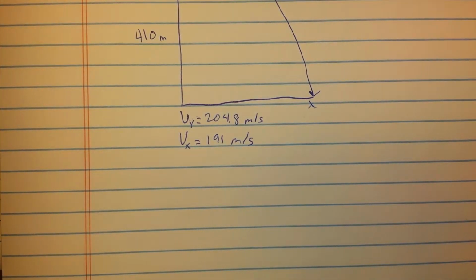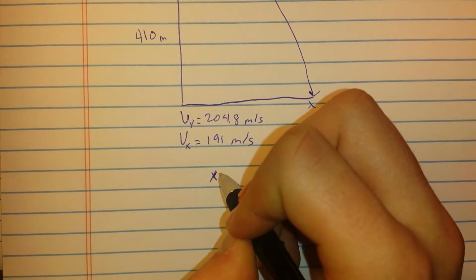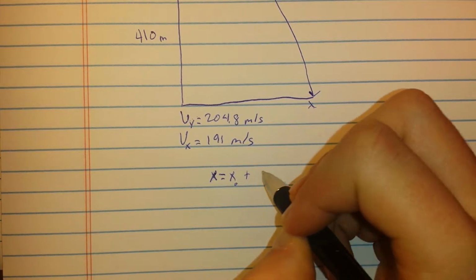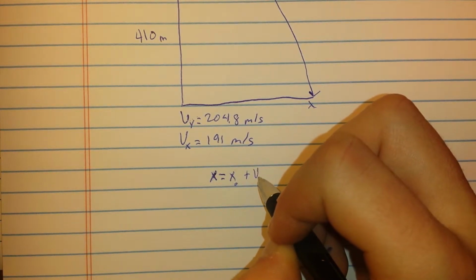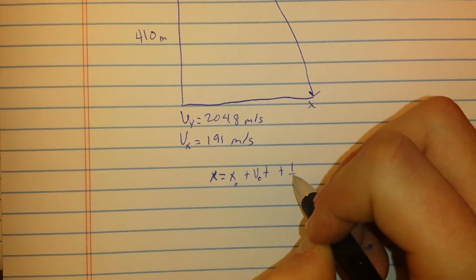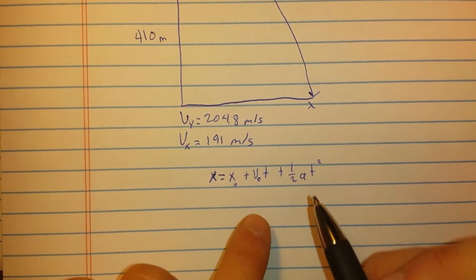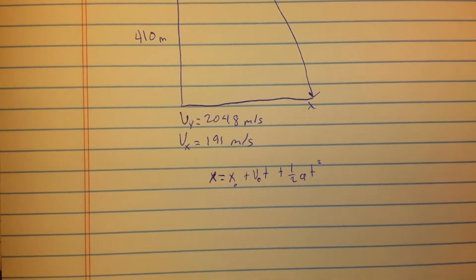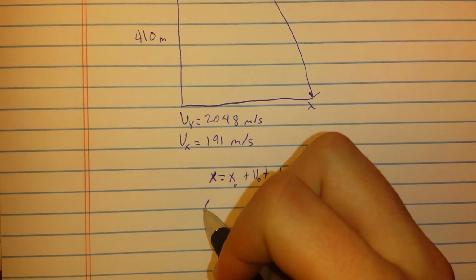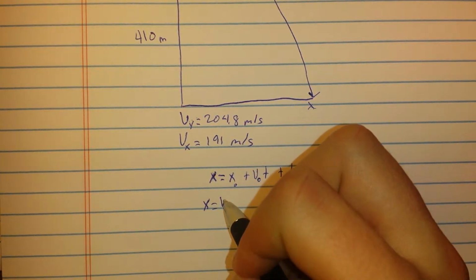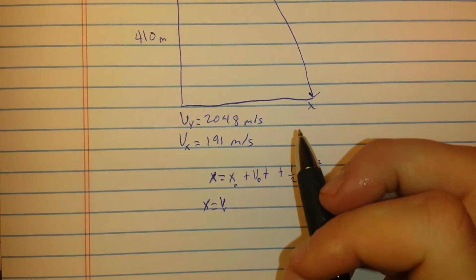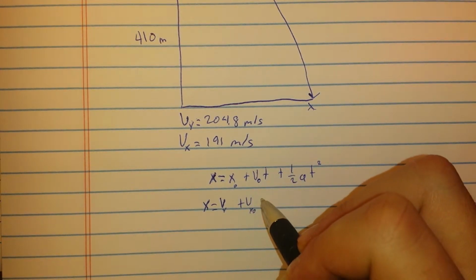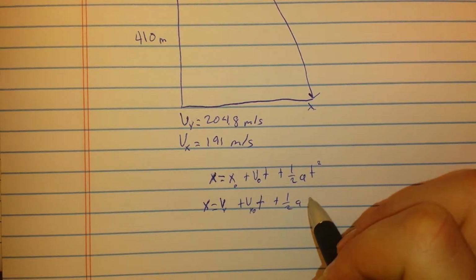Okay, so first you're going to use the equation x equals x0 plus v0 t plus 1/2 a t squared, v0 t being initial velocity times time, x0 being your initial distance, and a being the acceleration of gravity, which is negative 9.8. In terms of this problem, it's going to be y equals y0, which is just a starting distance, plus Vy0 t plus 1/2 a t squared.